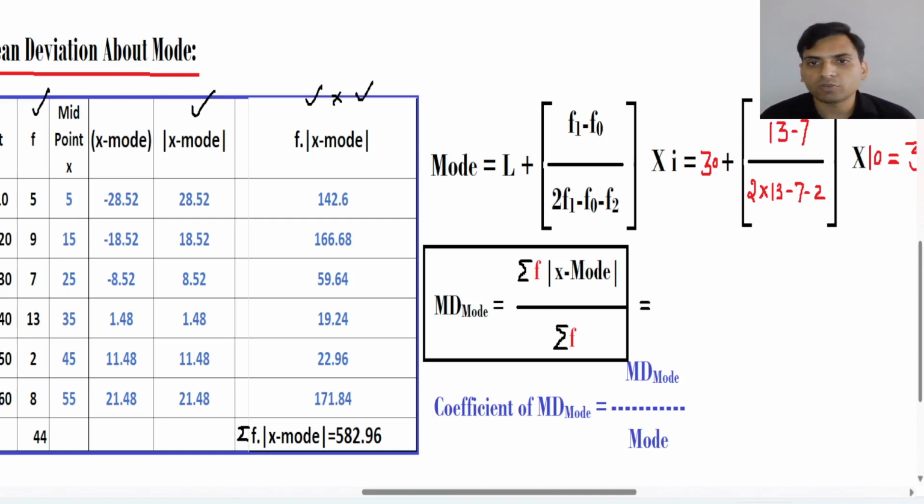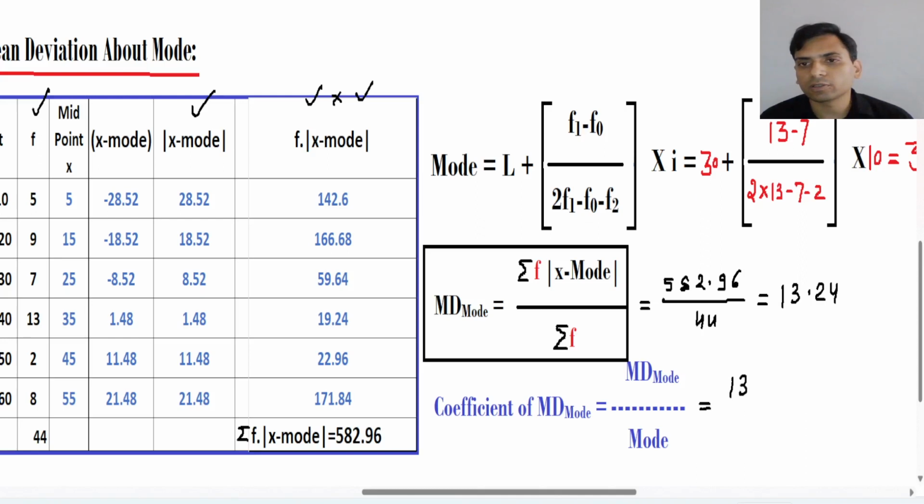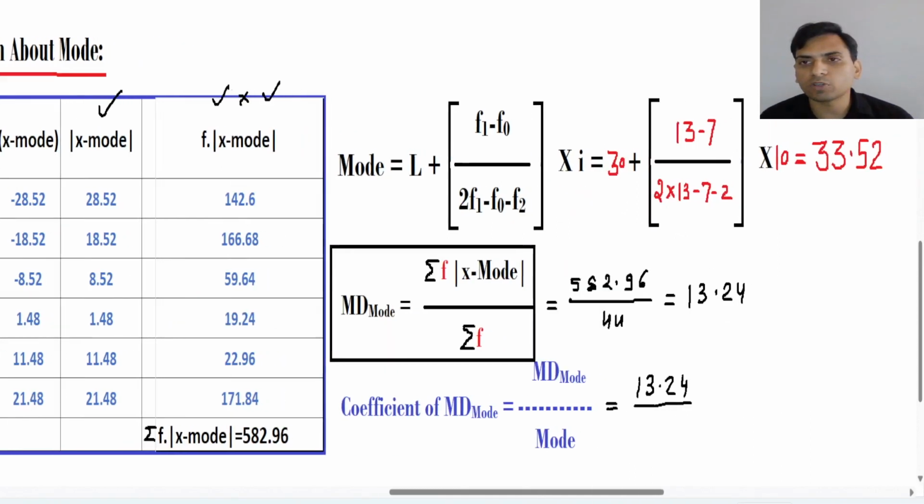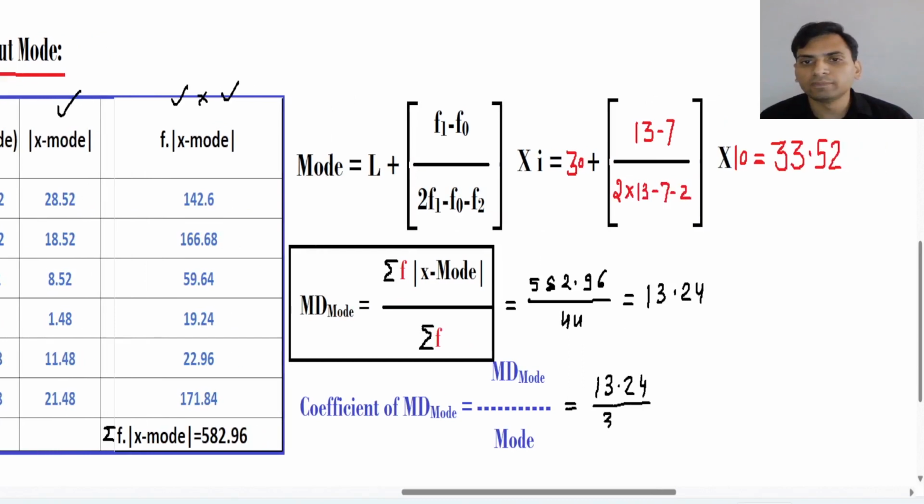582.96. We will put it in this formula: 582.96, and this quantity divided by 44, summation f. So you will see this equals 13.24, and this 13.24 divided by mode, which in this case is 33.52.